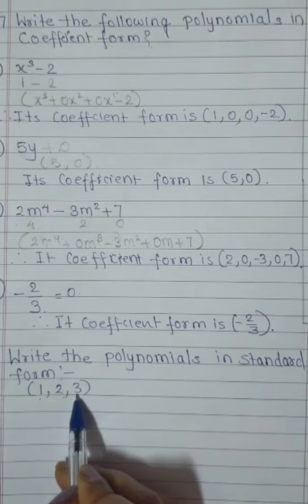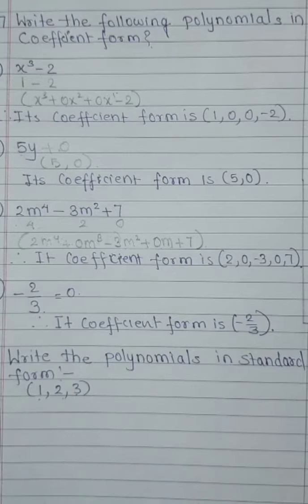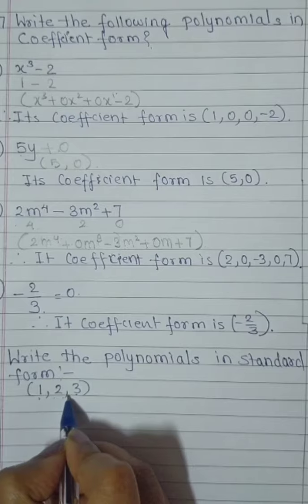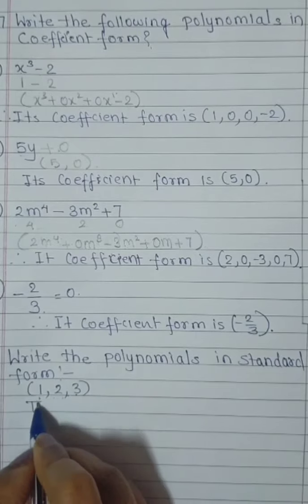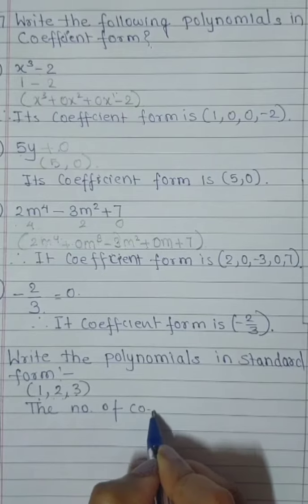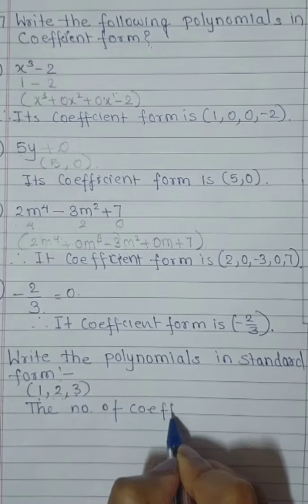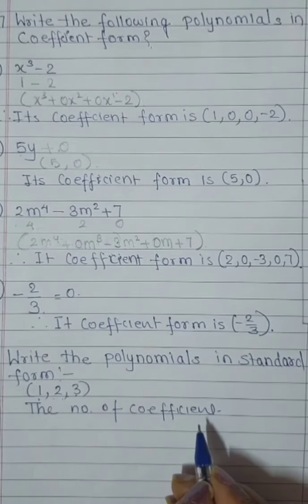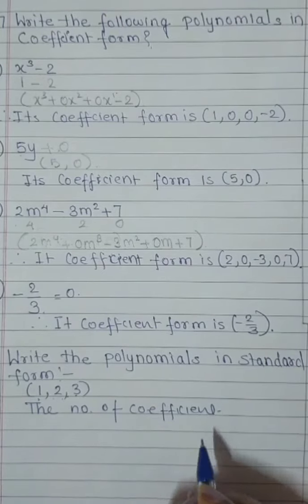Okay, so now here, as you can see, what is given? 1, 2, 3 is given. So here the number of coefficients is what?